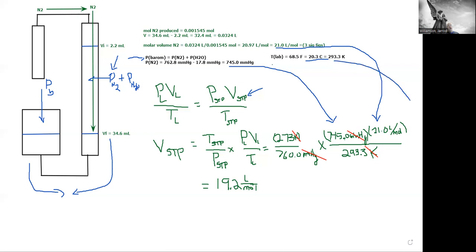And the temperature under lab conditions was 293.3 Kelvin. Rearranging and solving, I get a molar volume of nitrogen under STP conditions of 19.2 liters per mole. The true value should be 22.4 liters per mole.